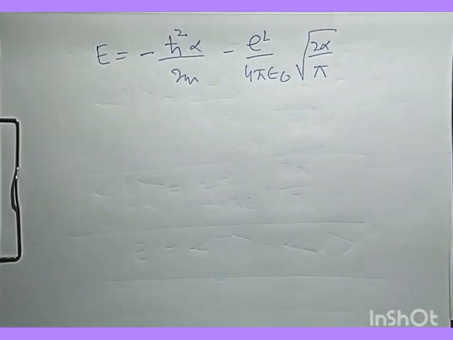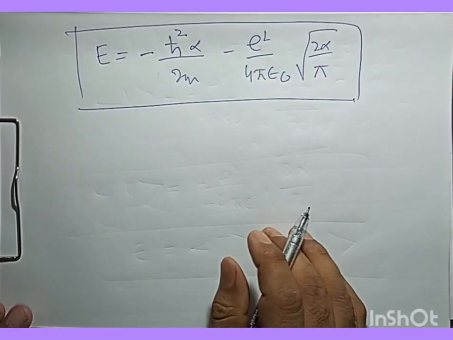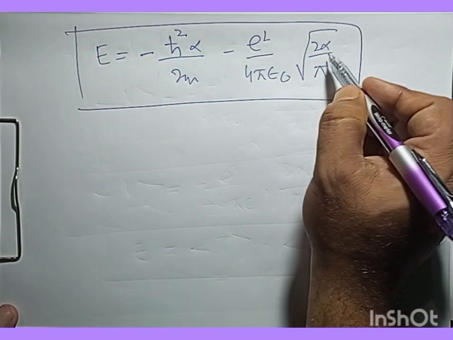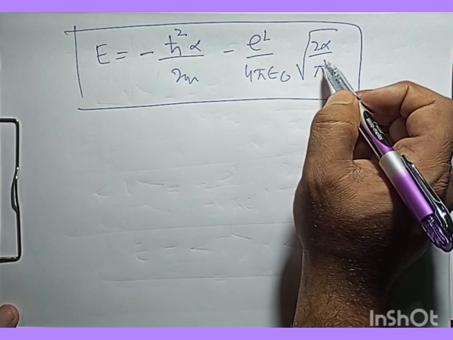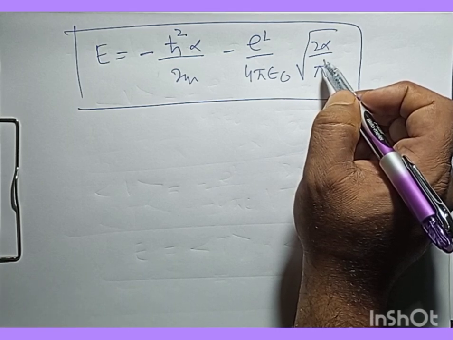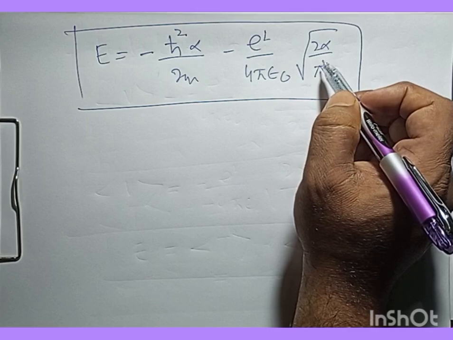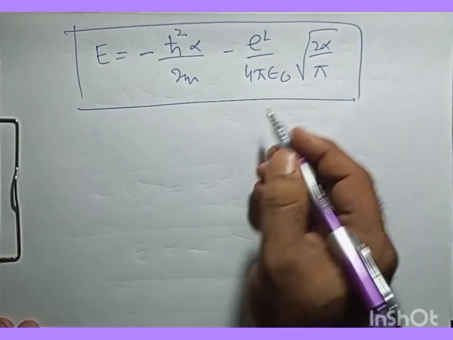Now what we have to do here is use the condition of minimization. That's the part of the variational principle. To find the optimal value of alpha, the variational parameter incorporated in the trial wave function, we have to minimize the energy with respect to alpha.